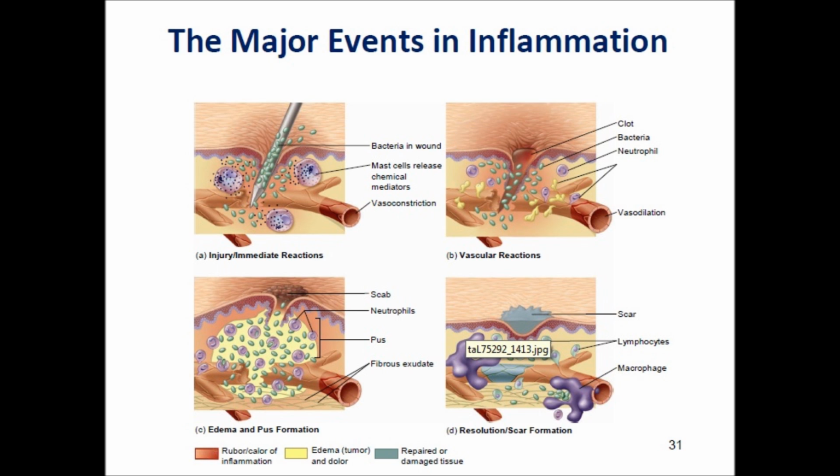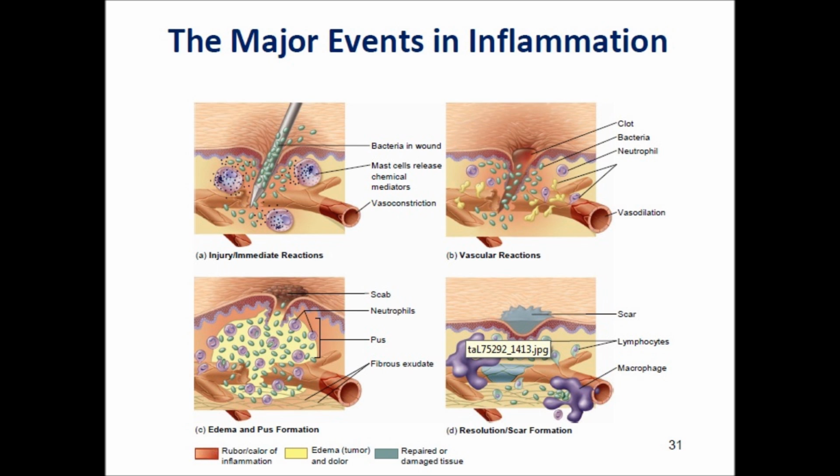Fluid is moving in. That's what they usually define as an edema. And then by the end of it, you have resolution. Usually it forms a scar, so where this clot is, it becomes a scab, and then you have a little scar there. Eventually it goes away if it's a small injury. And then you have finally also lymphocytes moved in.